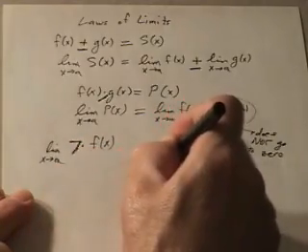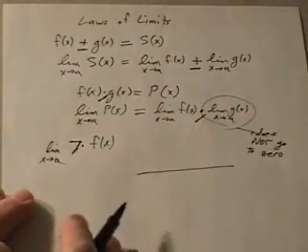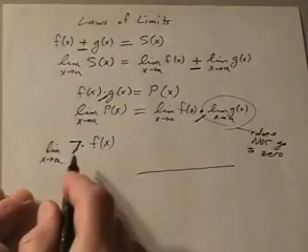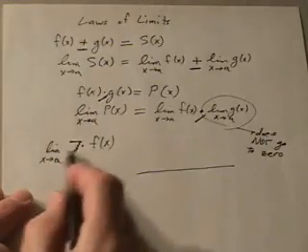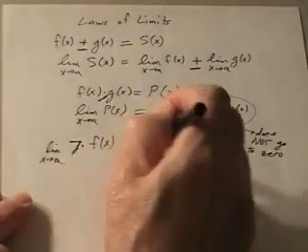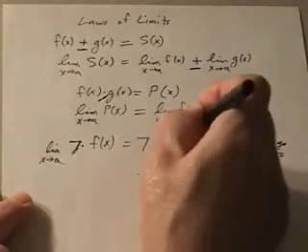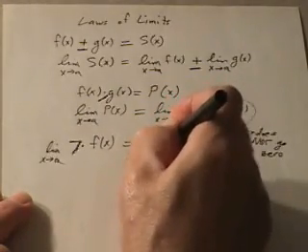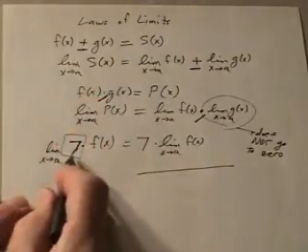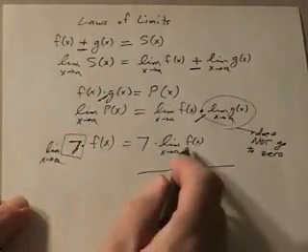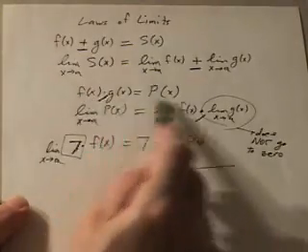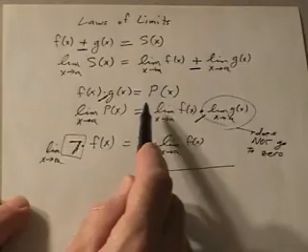It has a graph that's constantly 7 units above the x-axis. So what do you expect the limit of 7 to be? Well, of course, 7. So the limit of a product is the product of the limits, so the 7 just sits there while you take the limit of f of x as x approaches a. So constant multipliers just sit there and watch while you take the limit of the function part. And that's really a consequence of the limit of a product being the product of the limits.